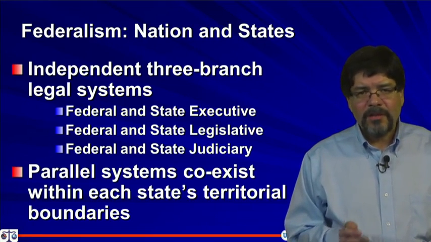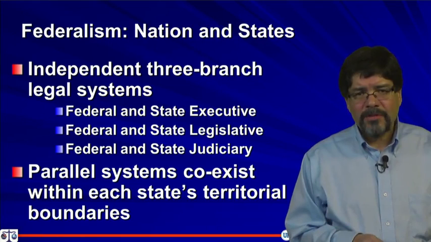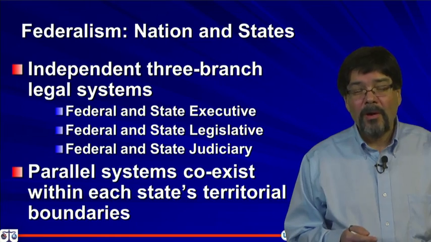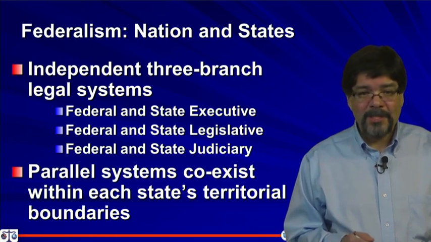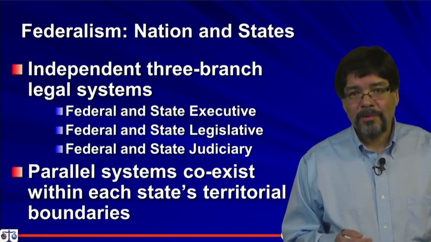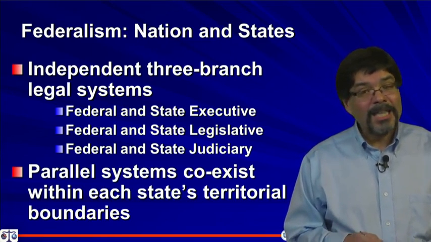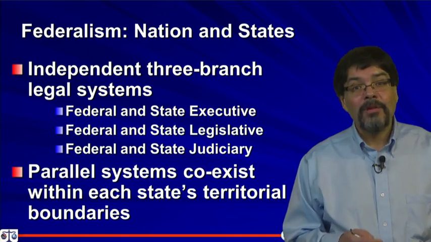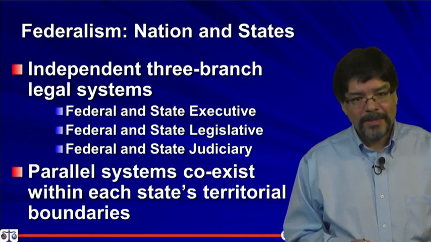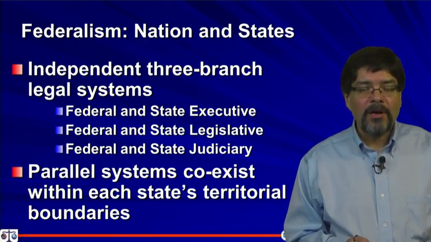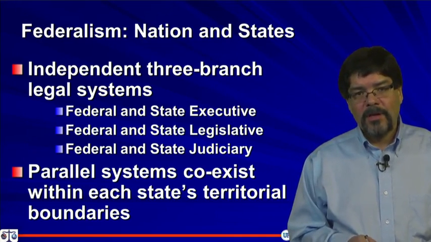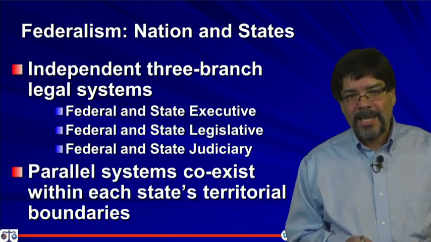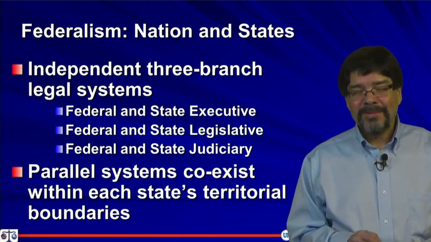Now, of course, the national legislature sits in Washington, but it has authority over all of the United States. The president sits in Washington. He has authority over all of the United States. And the federal courts are found in every one of the states. And that means that there are parallel systems of government, federal and state, within each territory.